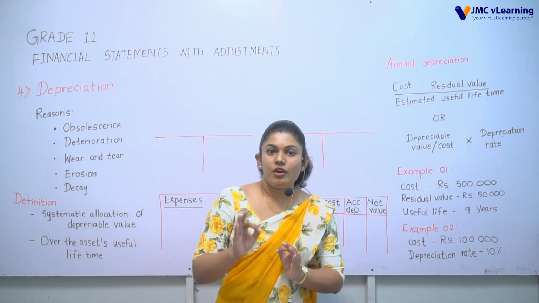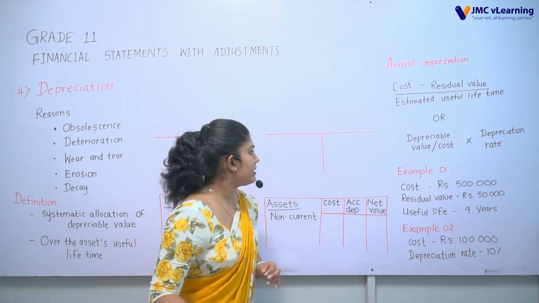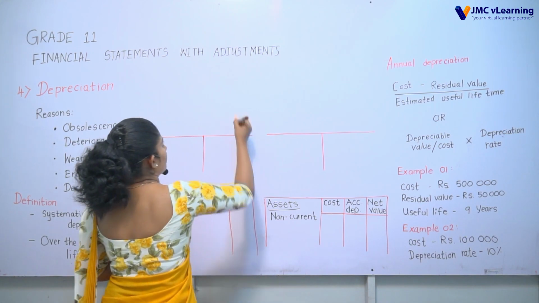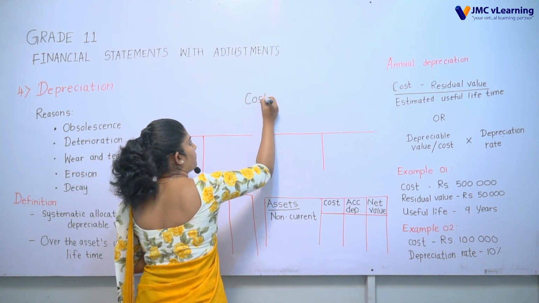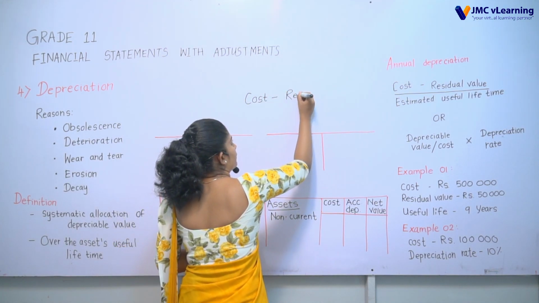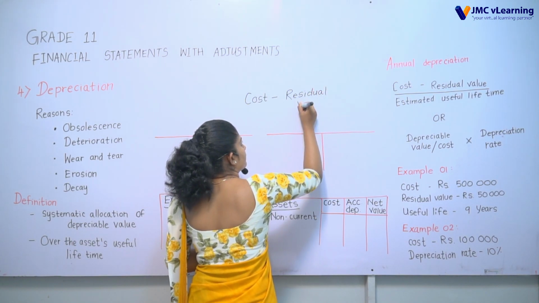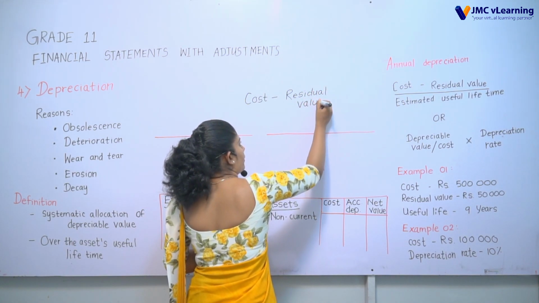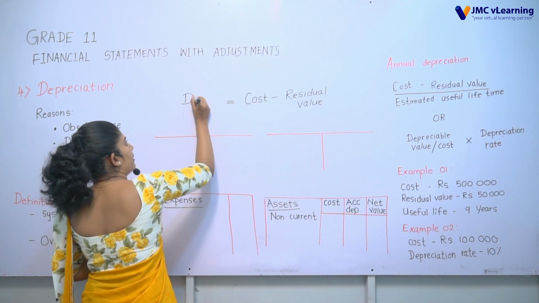When you reduce the residual value from the cost, that is cost minus residual value, you get the depreciable value.